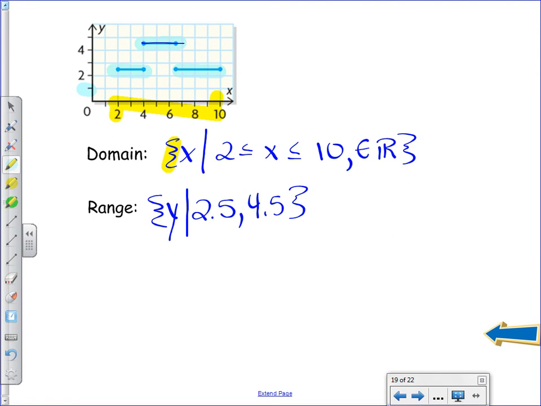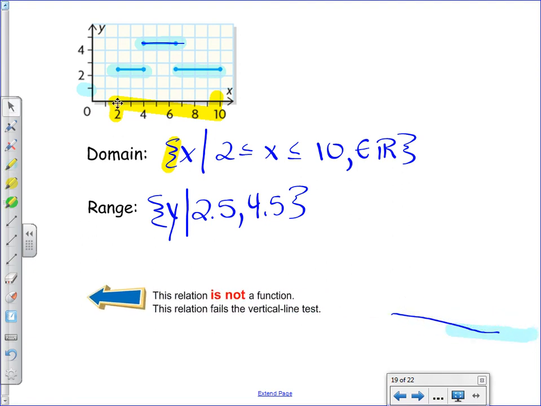Is this a relation? Or a function, I'm sorry. This is not a function. This relation fails the vertical line test.